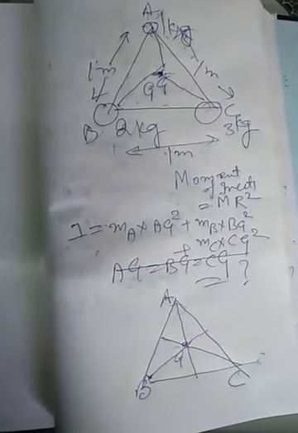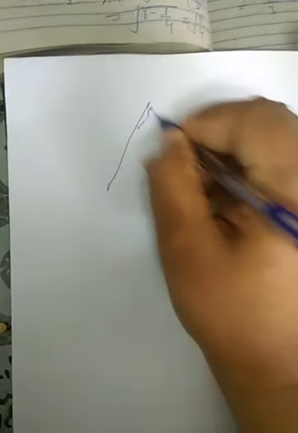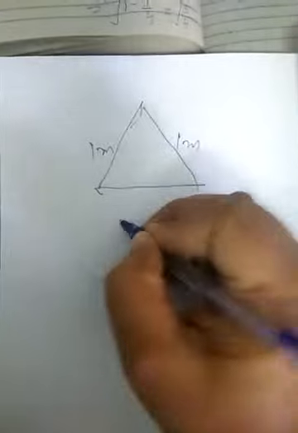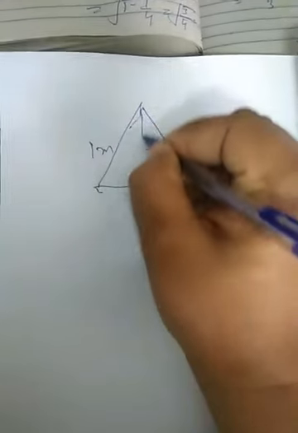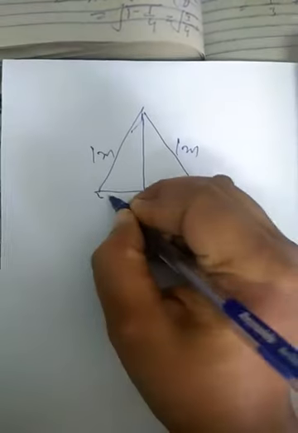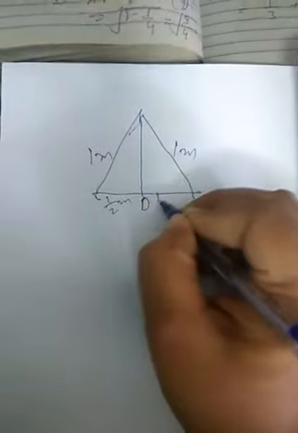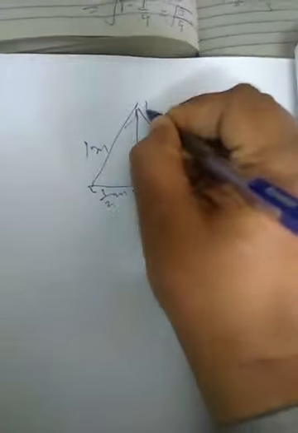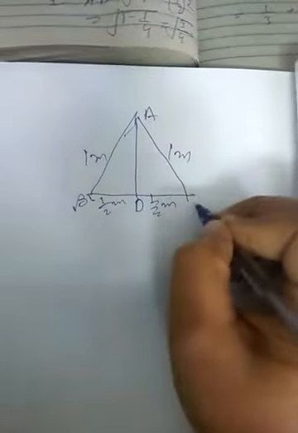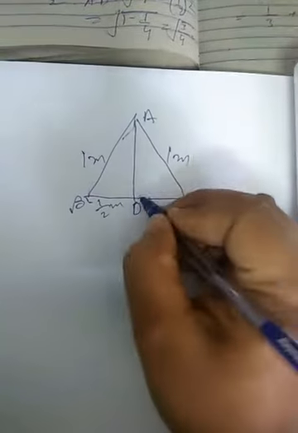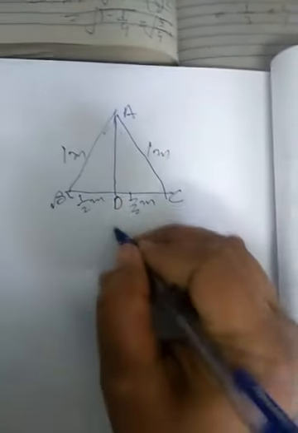Now we are given the three sides, each 1 meter. Once you draw the median, this is half meter, this is half meter. Now we have to find the value of AD first.